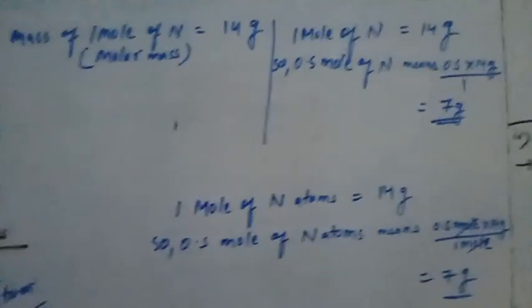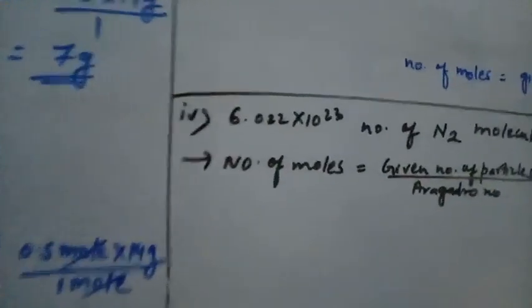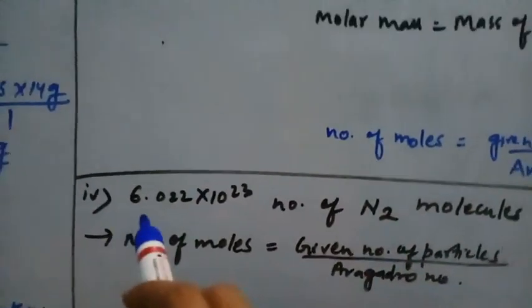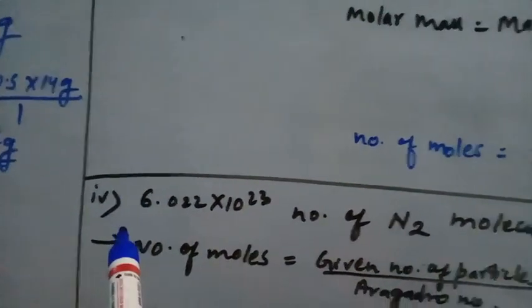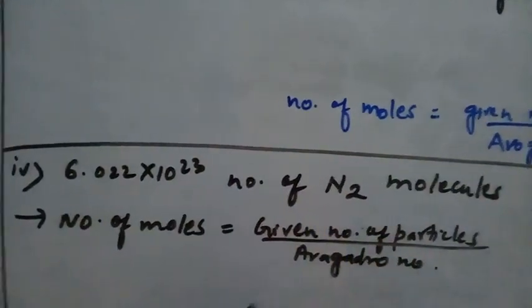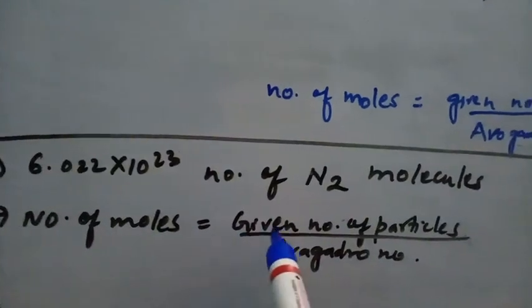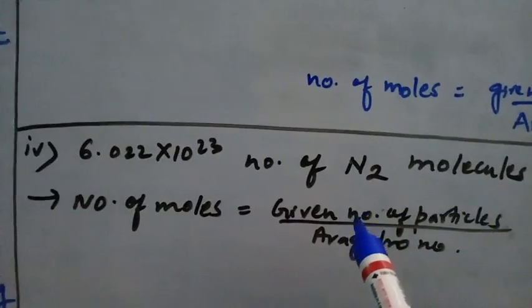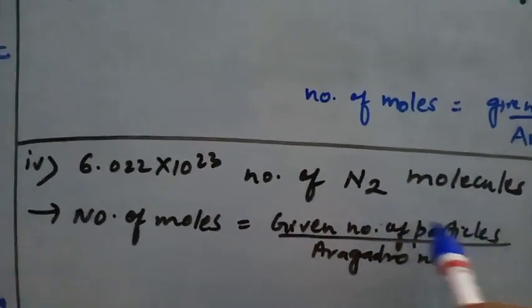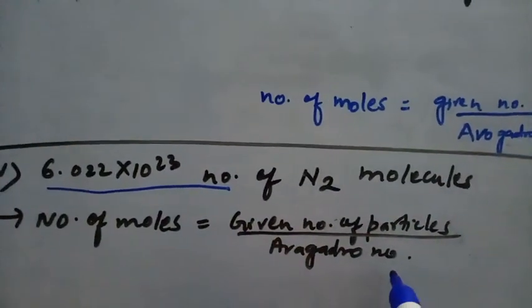Okay, so the fourth question is also similar to the other one. Here we have 6.022 into 10 to the power 23 nitrogen molecules, and we have to calculate the mass of this many nitrogen molecules. So number of moles is equal to given number of particles by Avogadro number. We will use this formula because the given number of particles is there, and Avogadro number we know.